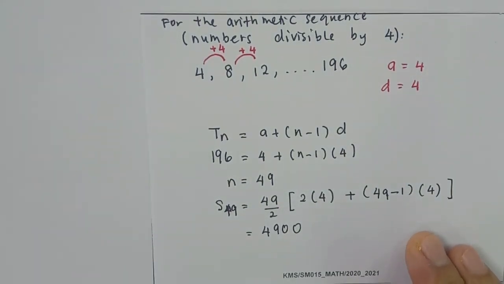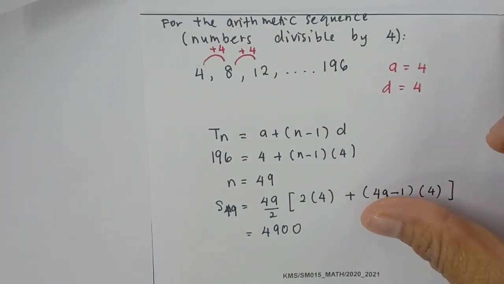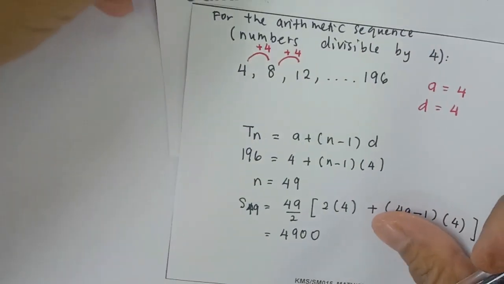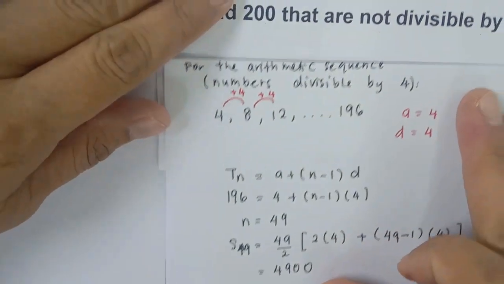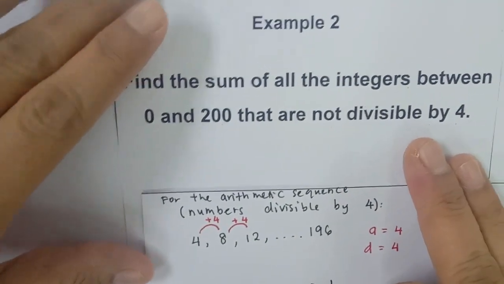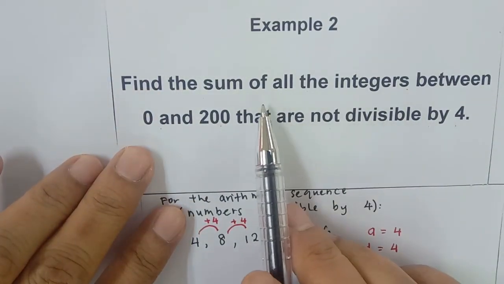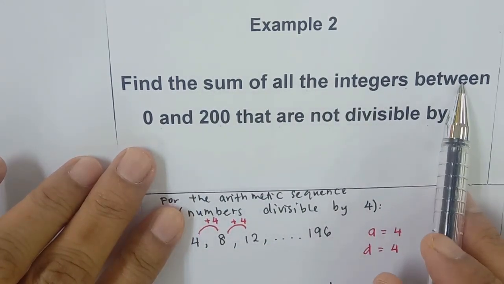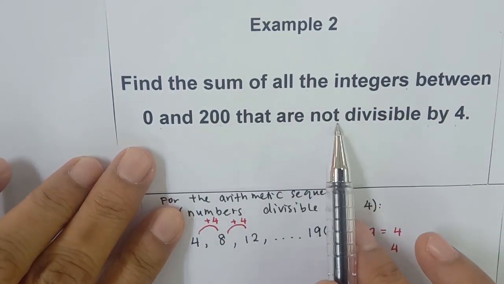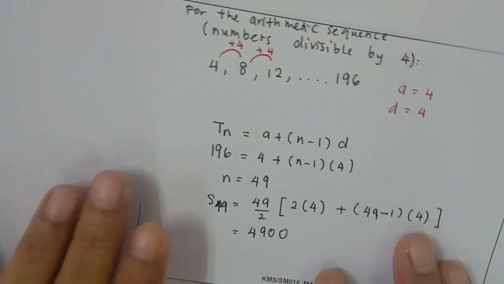Okay, so the question asks you to find the sum of all the integers between 0 and 200 that are not divisible by 4.